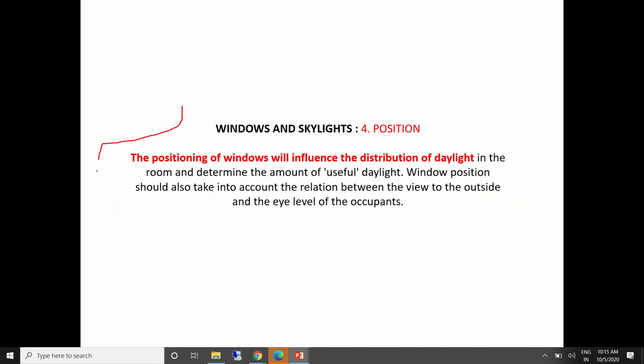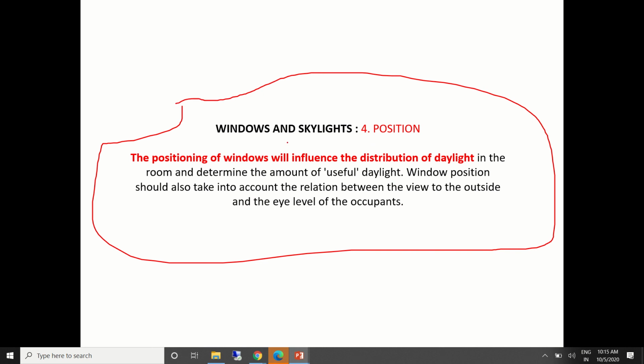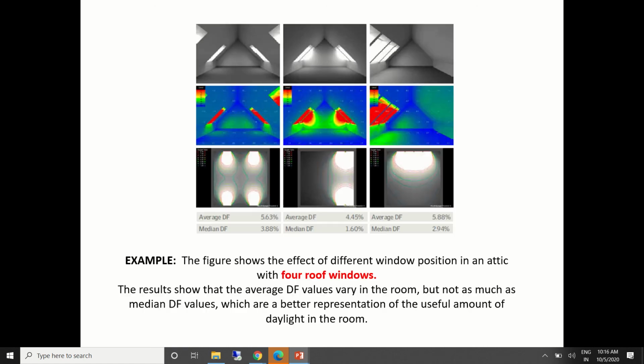I have discussed this along with the orientation and position. So when we talk about the design of a window, we should also know in which direction it is oriented, what is the size, and where and how it is placed. This is also crucial when we design the building.